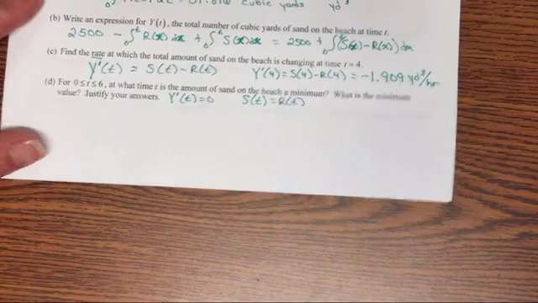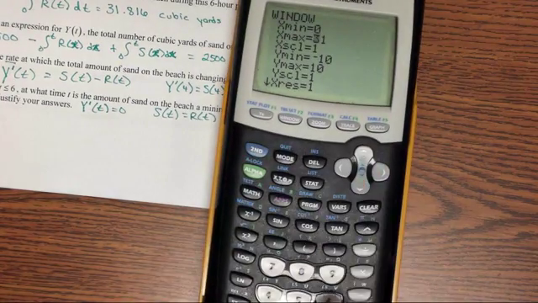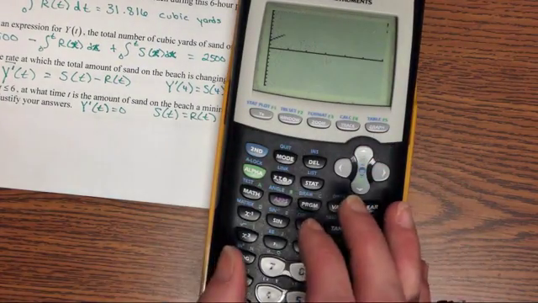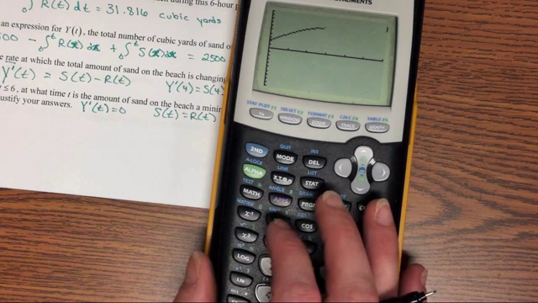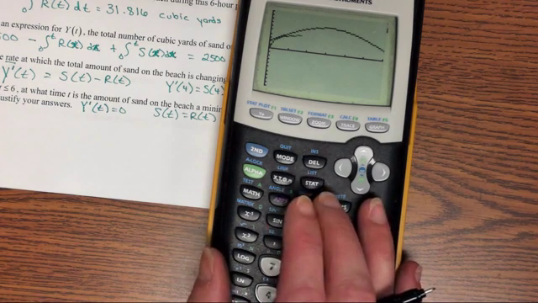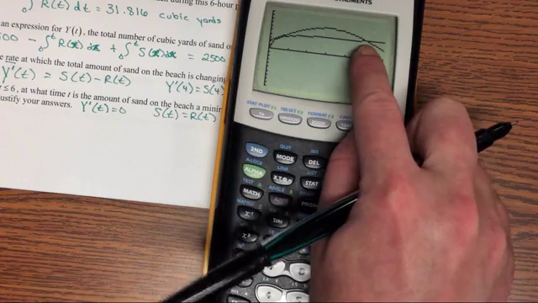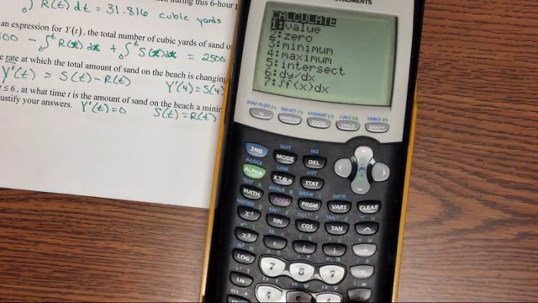Let's see if we can figure that out. I'm going to go to my window and change that to 6. Here's the first function, that's r of t. Here's the second one. Do you see where they cross? That's where they meet.